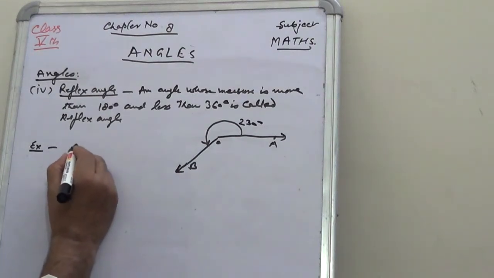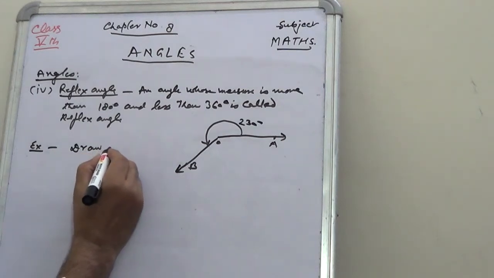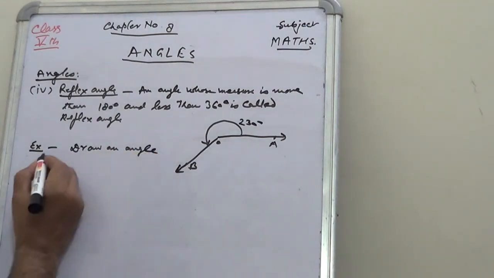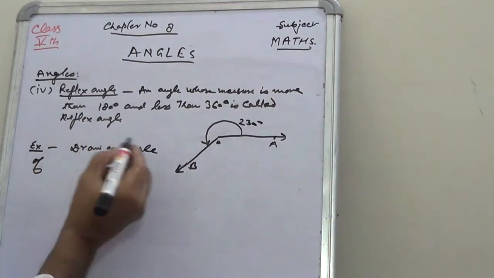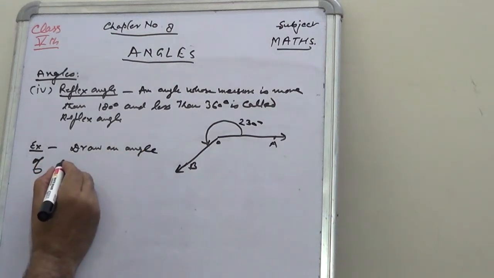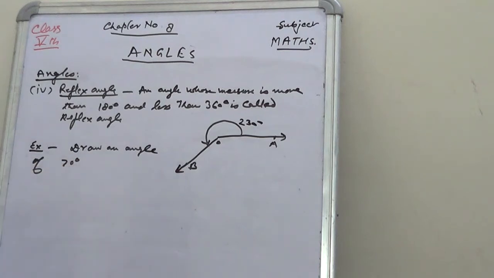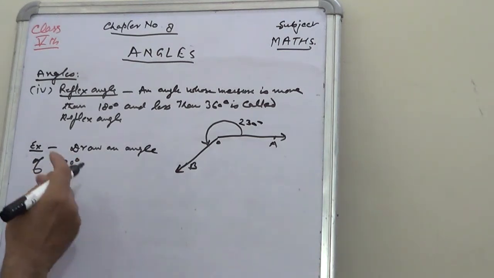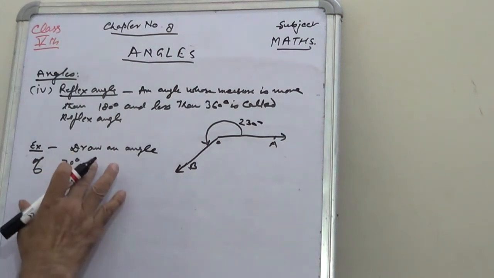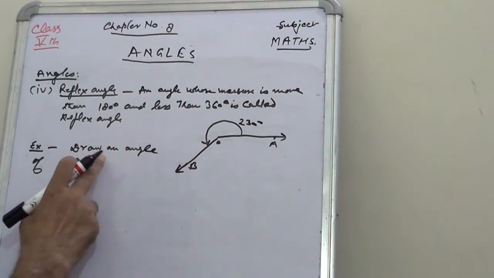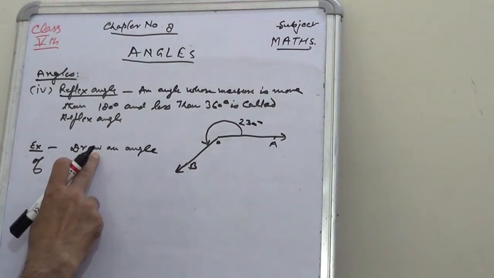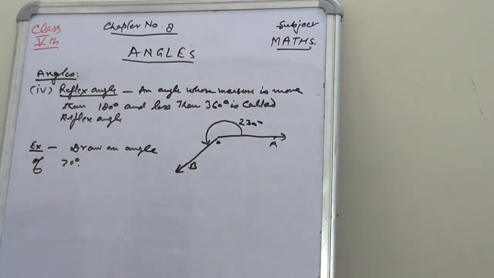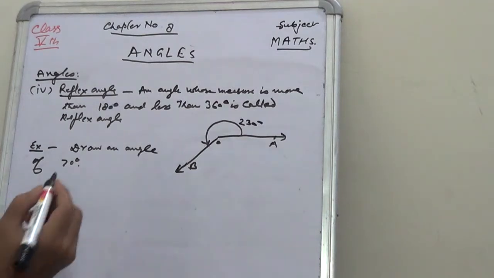They ask you to draw an angle of, say, 70 degree. So what do you have to do? You have to use protractor, and by the help of protractor you are able to draw the angle which is required in the problem.